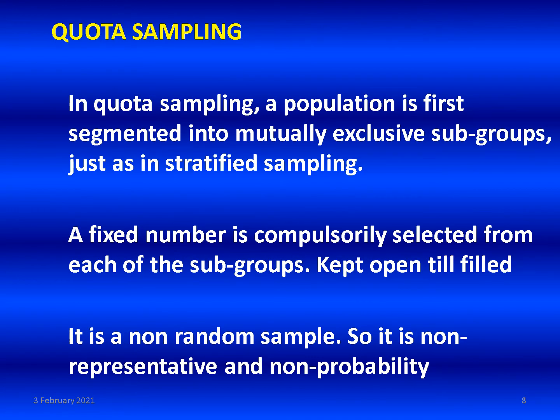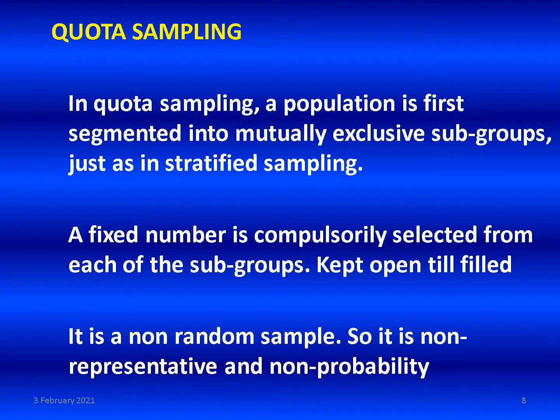Next is quota sampling. In quota sampling, a population is first segmented into mutually exclusive subgroups, as in stratified sampling. Do you remember the stratified sampling method? The reference population or sampling frame is segmented into mutually exclusive subgroups, as in stratified sampling.